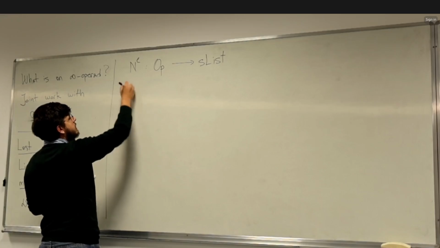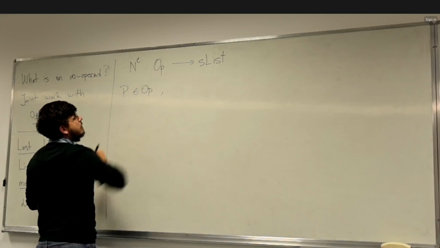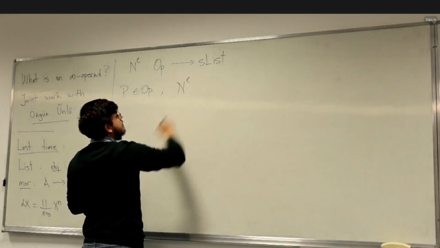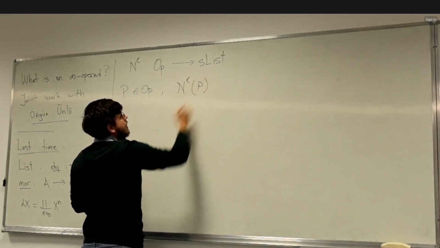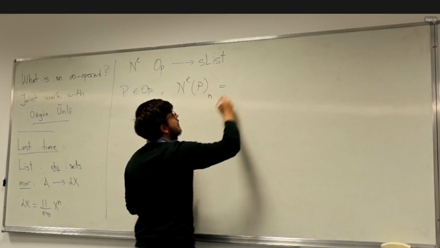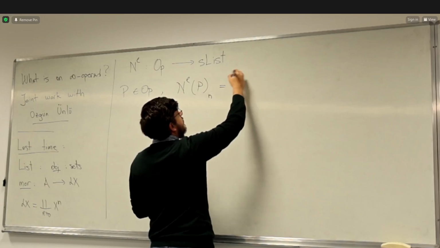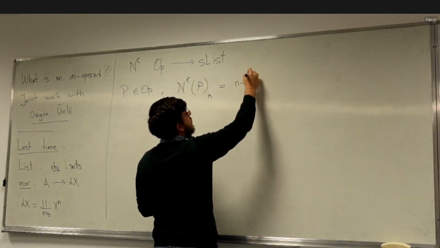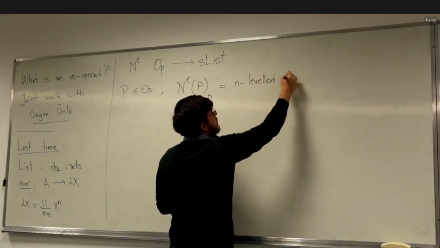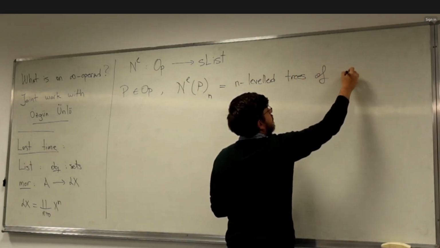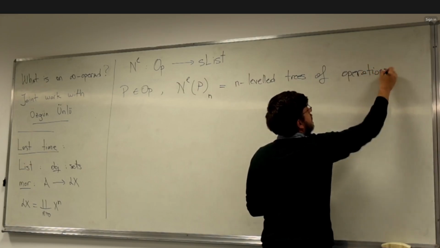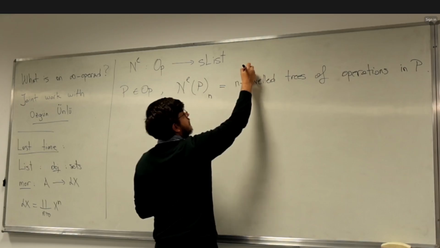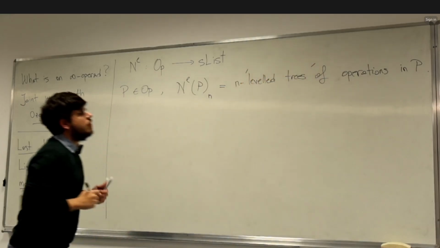Take an operad P, and the idea was that you do the list nerve, and the n-simplices are, informally speaking, n-leveled trees of operations in P. And of course, I have to put some quotation marks here.